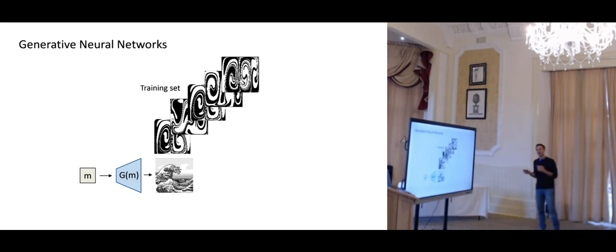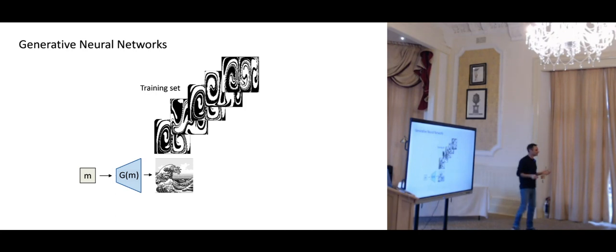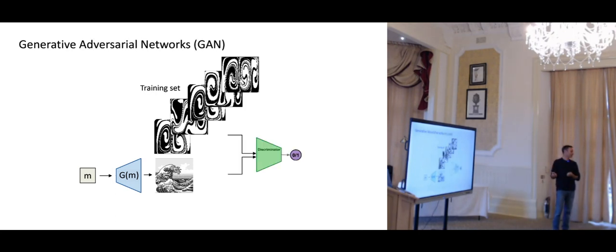So then the question is really, how do we tell whether an image that has been produced here looks like a marble cake? And to do that, one possibility is to use another neural network, a discriminator.